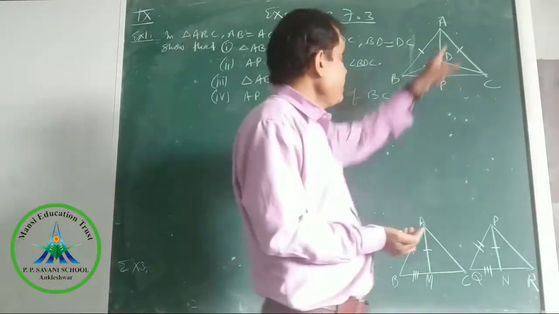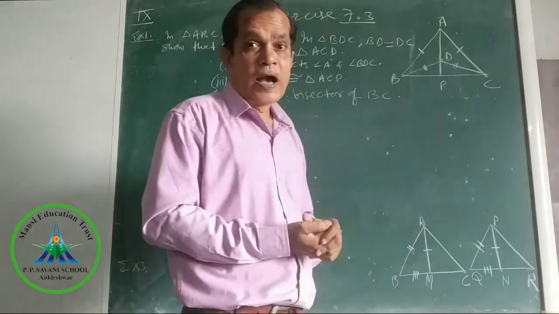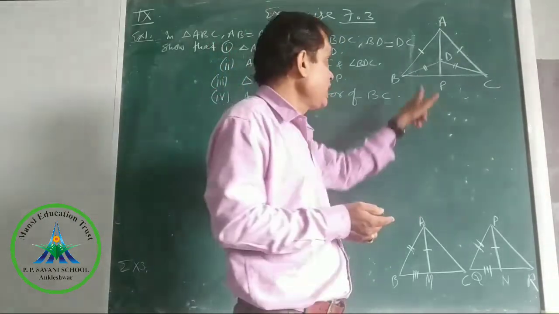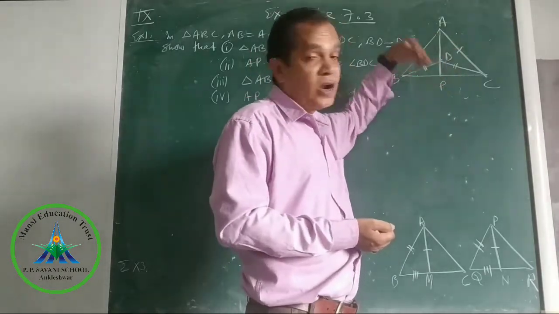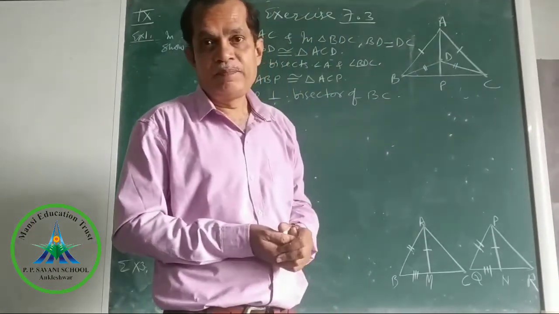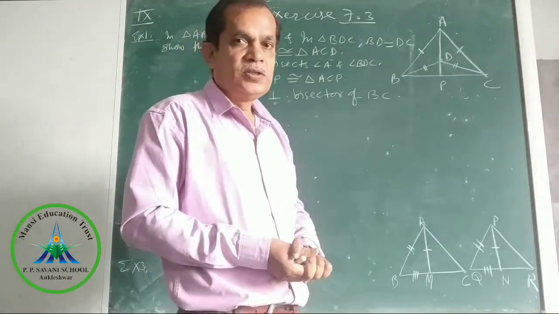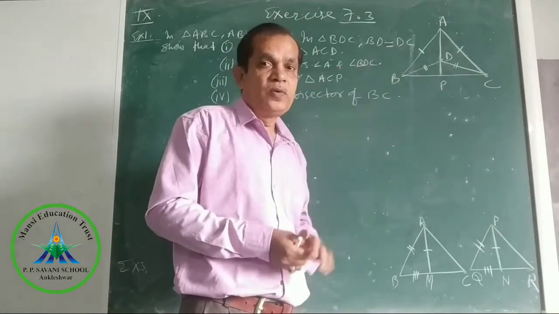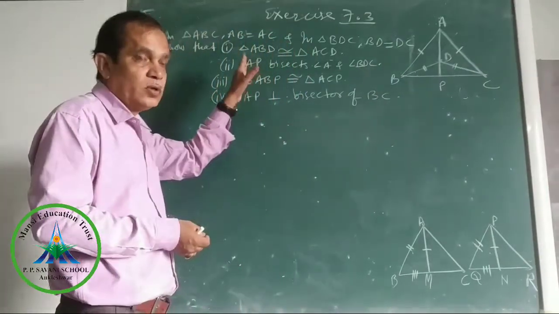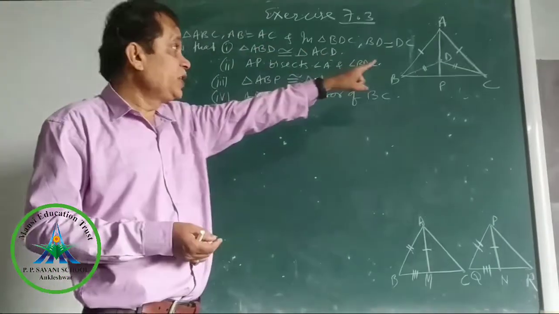Triangle ABC and triangle DBC are isosceles triangles with common base BC, with vertices A and D on the same side of BC. This is the example given. I did not copy the complete wording; I drew and wrote: given in triangle ABC, AB equal to AC.